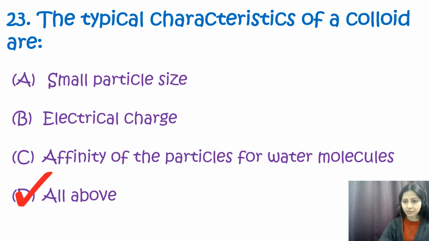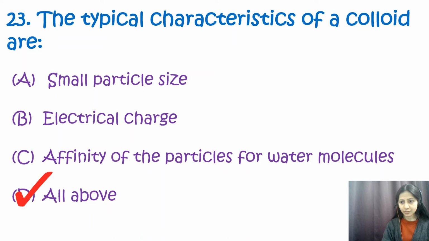Colloids typically range in size from 1 nanometer to 1 micrometer, and can be in the form of solids, liquids, or gases. All these points are typical characteristics of colloids. So the correct option will be all of the above.